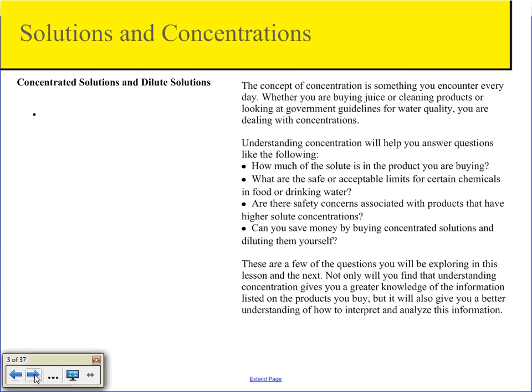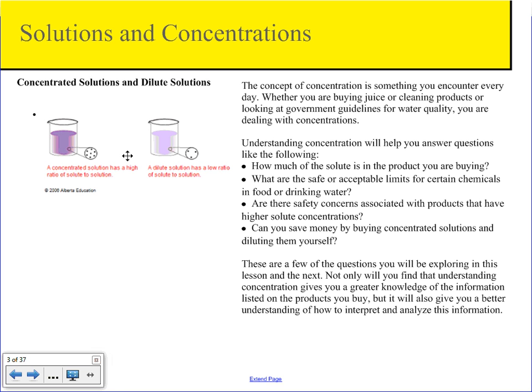So concentrated solutions and diluted solutions. As we can see here, a concentrated solution has a high ratio of solute to solution, and a dilute solution has a low ratio of solute to solution.